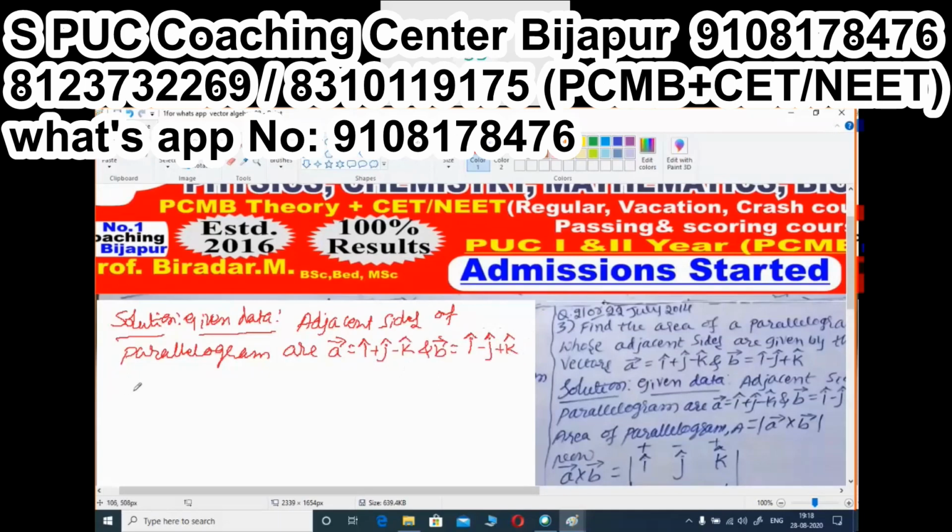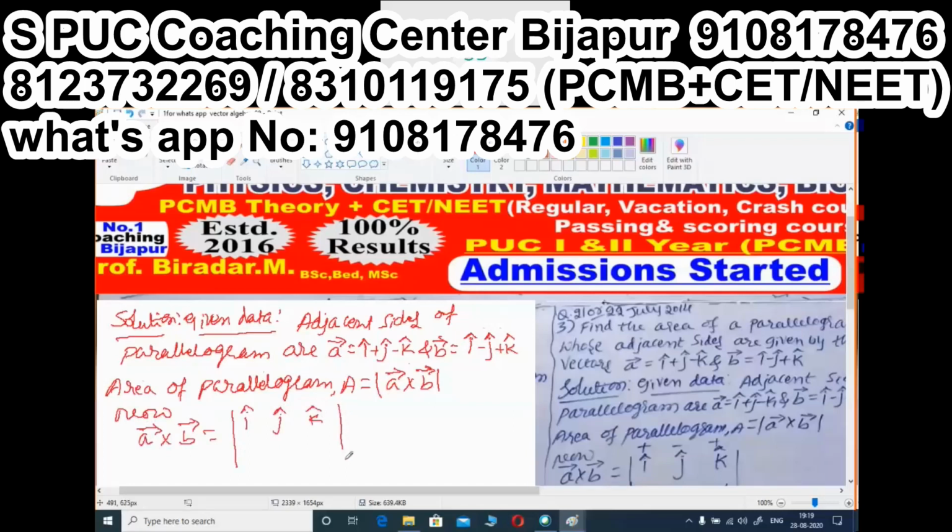Write once again the area of the parallelogram formula, which you already used in the previous problem: A is equal to the modulus of a vector cross b vector. Now you can find the value of a cross b. A cross b is the determinant: the first row you write as i cap, j cap, k cap.